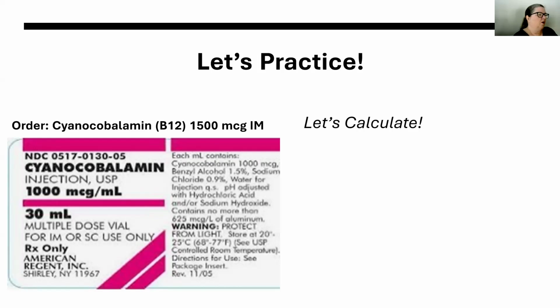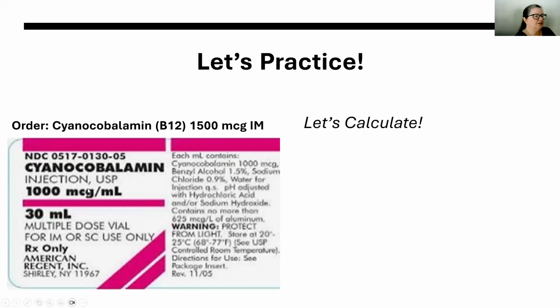What you want to look at is this number right here. This is telling us that for every milliliter that you pull out of this vial, there's 1,000 micrograms of medication in it. So far, so good.